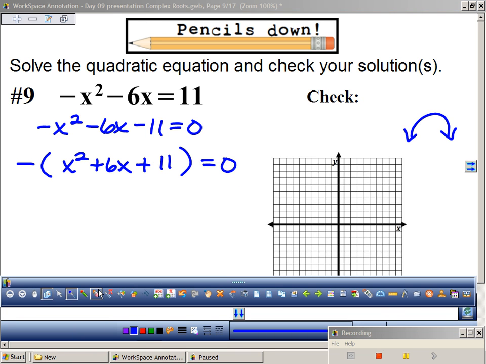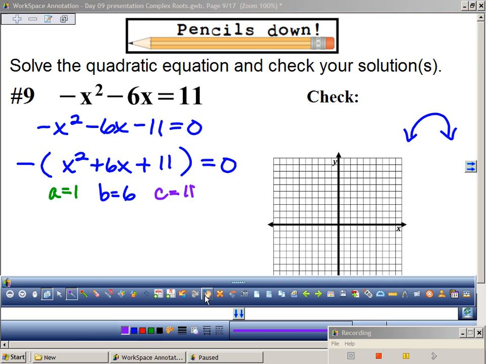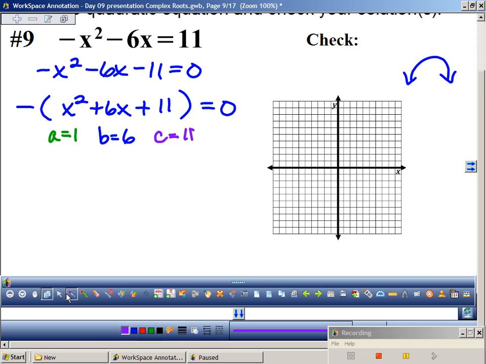So now I'm going to identify my A, B, and my C. My A is 1, my B is positive 6, and my C is 11. I kind of shouldn't have gone with the whole blue pen, right? Oh well. So the first thing I'm going to consider is my discriminant.